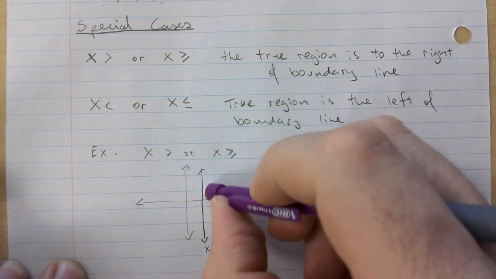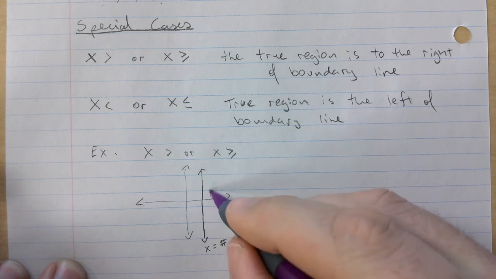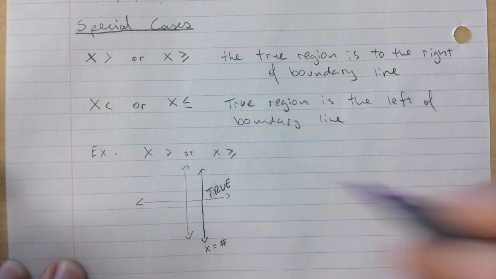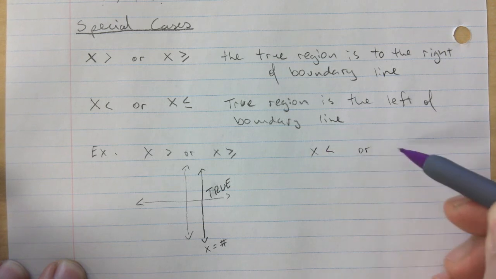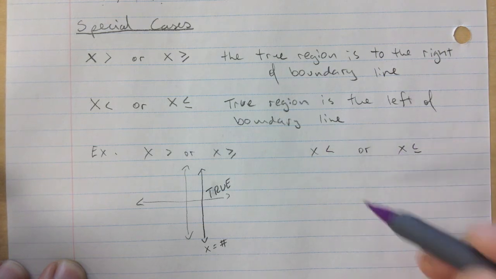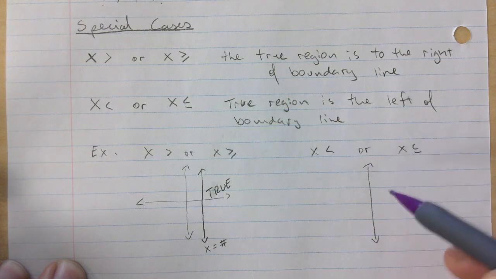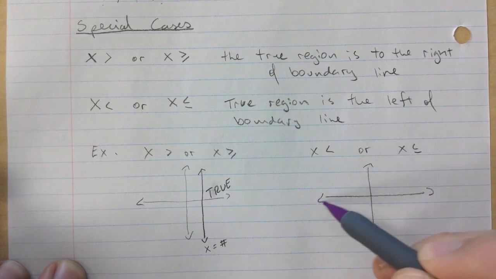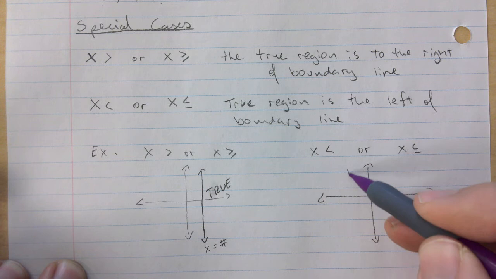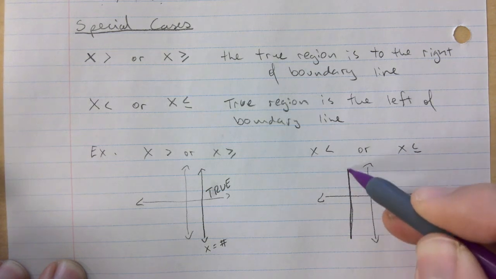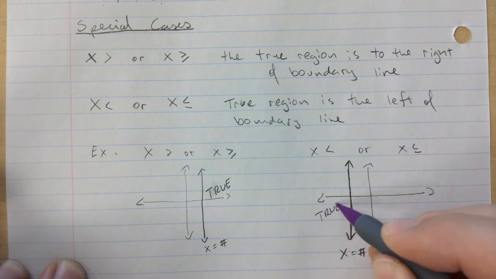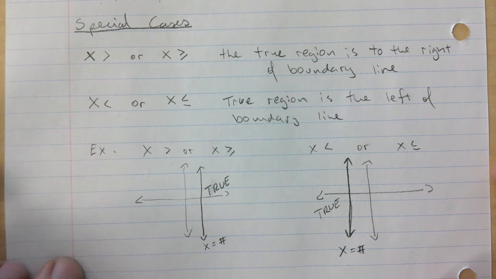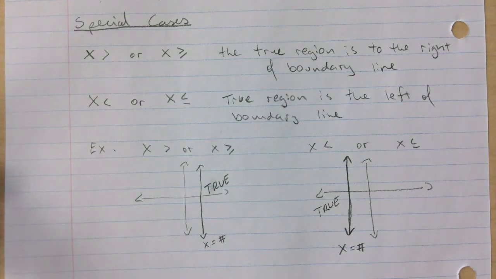So if x is less than or x is less than or equal to, you might have a vertical line here, right? x is equal to a number, but then the true region is to the left. That's what you need to remember about the special cases.